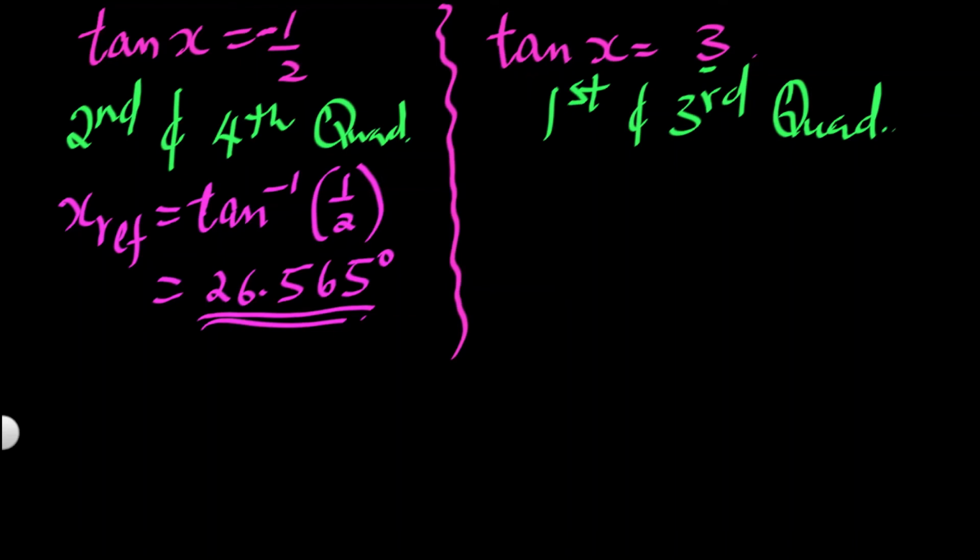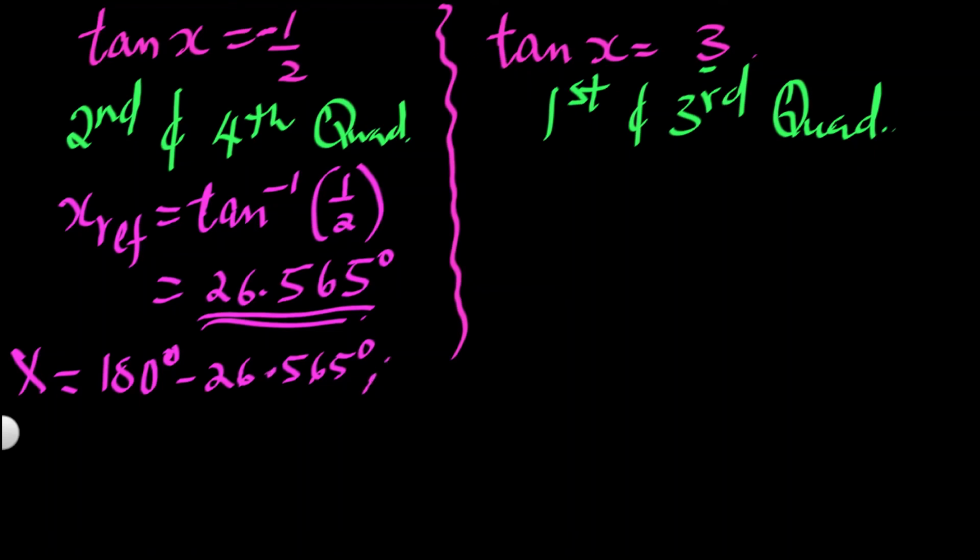But now, is it part of the answers? No, it is not part of the solution, because 26.565 degrees is in the first quadrant. Our answer should be in the second quadrant and the fourth quadrant. We know that x from the second quadrant will be 180 degrees minus our reference angle, so minus 26.565 degrees.